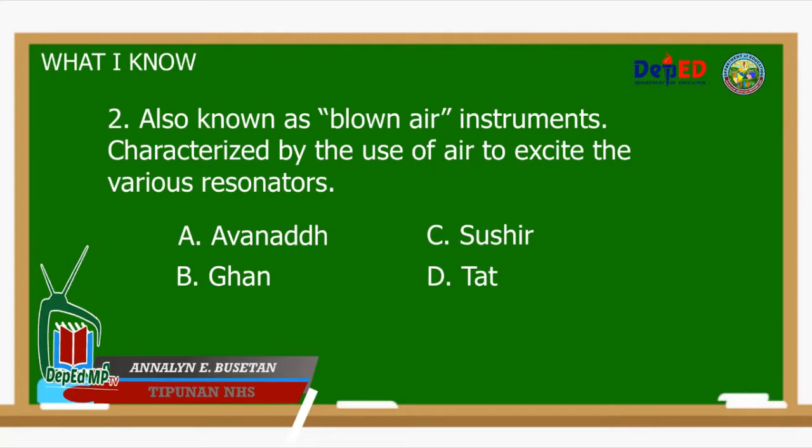Number 2, also known as blown air instruments, characterized by the use of air to excite the various resonators. Letter A, Avanad. Letter B, Gan. Letter C, Sushir. And letter D, Tat.